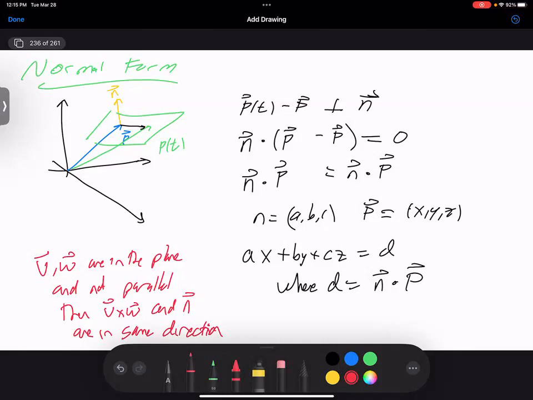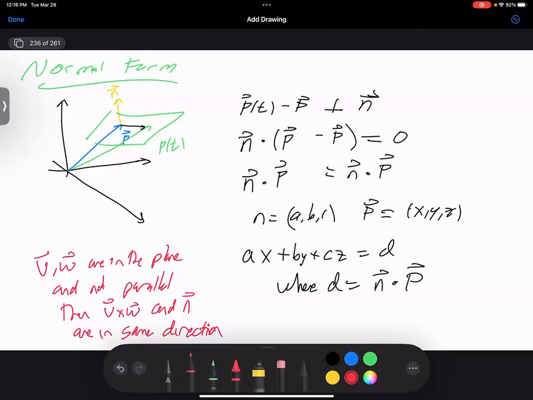I just had a quick one because you just mentioned 4D space. Is it possible to visualize that, or can you only do that with algebra? There are, I mean, the best way is really through algebra. What you can try to do is use color to give you another dimension. So for example, if you look at a two-dimensional map of the United States, maybe you want to look at a heat map, at what the temperatures are.